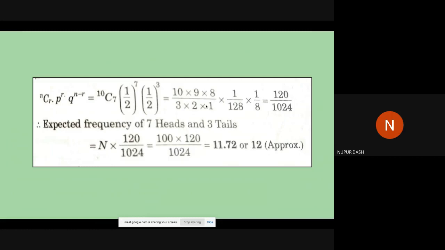Clear? When you write factorial 7, that would cut with the 7 factorial above. Because 10 into 9 into 8 into, you can directly write factorial 7, and it would cut from the one below. And then you have to write factorial 10 minus 7, so you will get 3. Simplifying that, you have got 3 into 2 into 1. I hope it is clear, students.